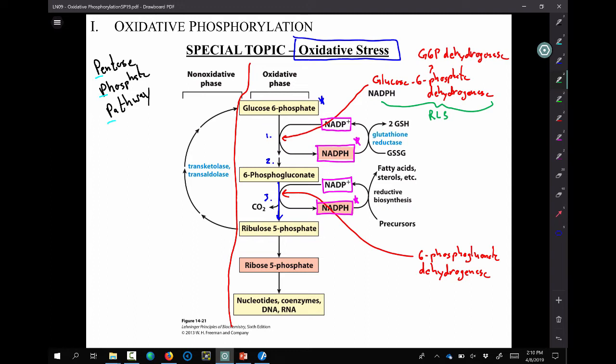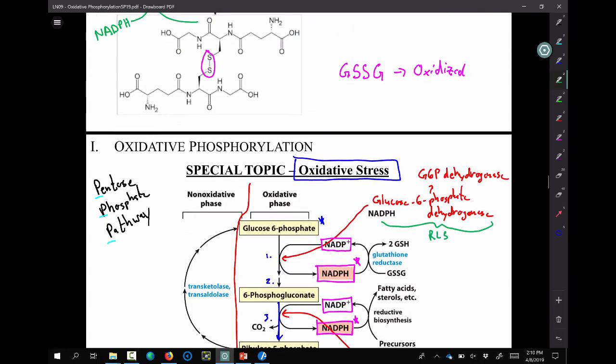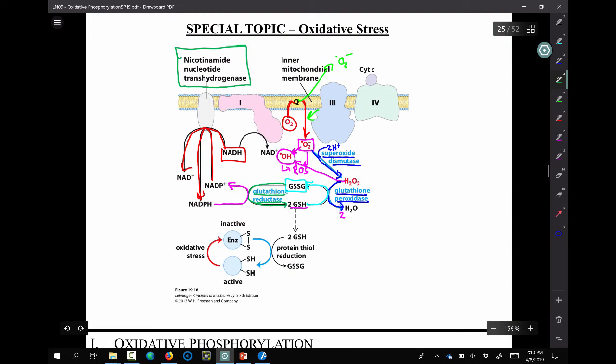What's the importance of that? Well, if we go back here, we talked about in the mitochondria how superoxide dismutase can make hydrogen peroxide, and then you have glutathione peroxidase that can make water from that, and then you have to have NADPH to re-oxidize glutathione using glutathione reductase.